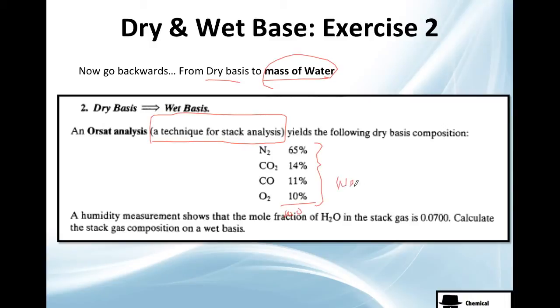But of course there's humidity, there's water there, so we want to calculate this. A humidity measurement shows that the mole fraction of H2O in the stack gas is this one. They tell you, please calculate the composition on a wet basis.